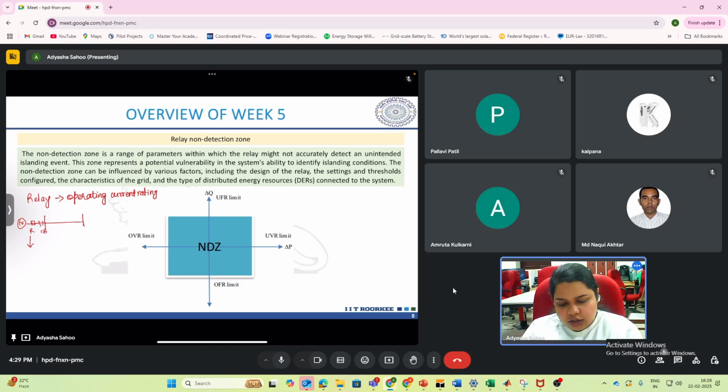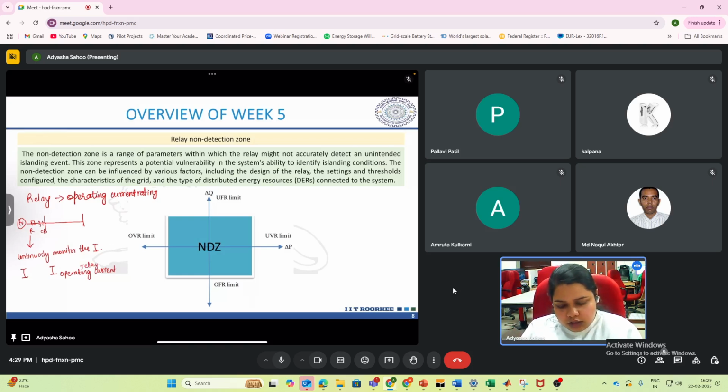So the relay will continuously monitor the current here, and it will keep on checking the current now, and compare it with the relay operating current.